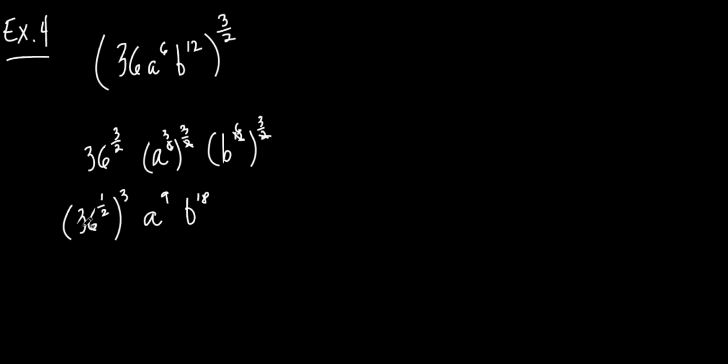Let's finish this up. 36 to the 1/2. We can do that in our head. It's the square root, isn't it? What's the square root of 36? 6. So this is 6 to the 3rd. Well, 6 times 6 is 36, times another 6 is what? 36, 18, 21, 216. Did I do the math right? 216, and then a to the 9th, b to the 18th.